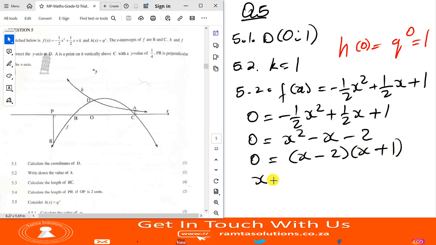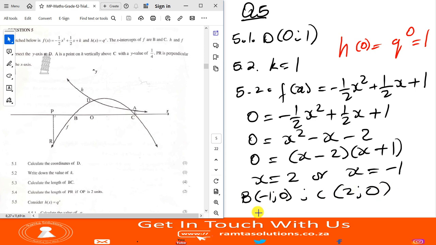What do we get? x equals 2, or x equals -1. The one with the positive x value is C, and the one with the negative x value is B. Therefore B has coordinates (-1; 0) and C has coordinates (2; 0). Therefore BC is 2 minus -1, which is 3 units, isn't it?